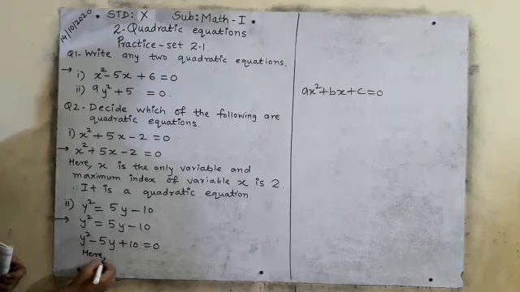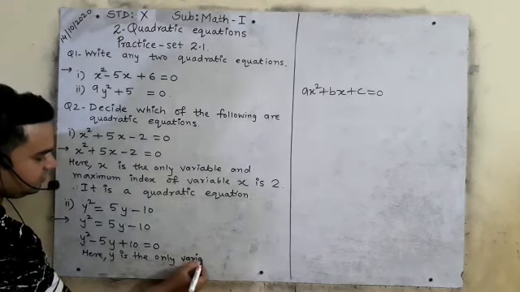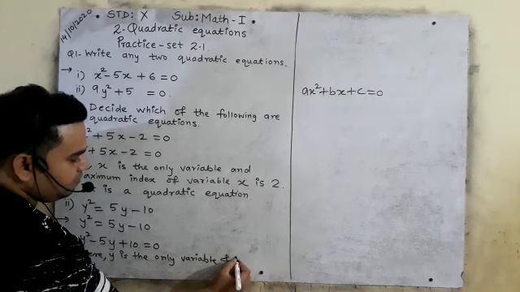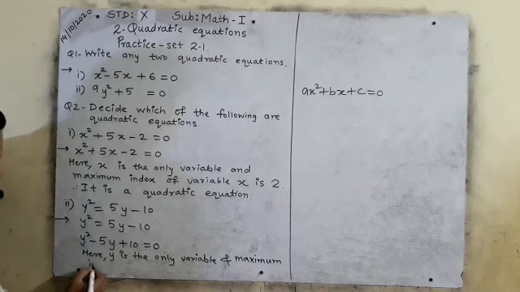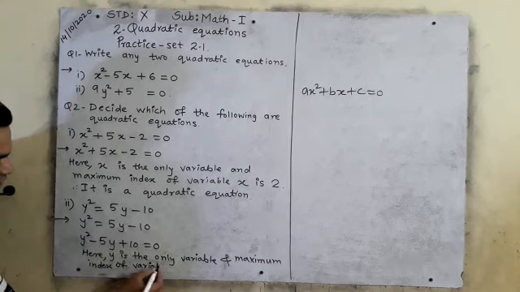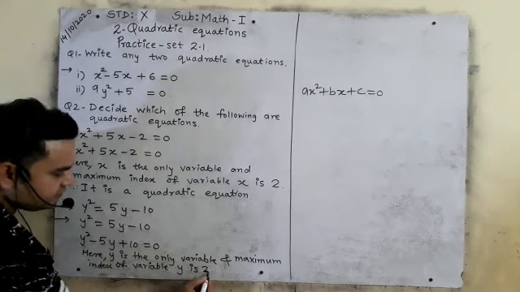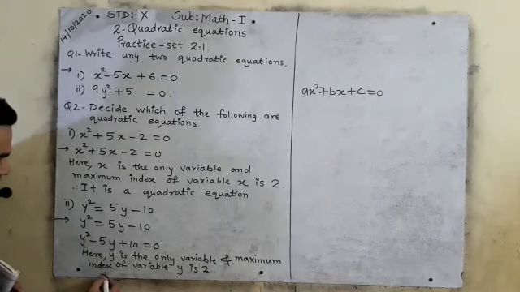In this equation y is the only variable and the maximum index of variable y is 2. Yes, can you see? y is the only variable whose highest index is 2. Therefore it is a quadratic equation.